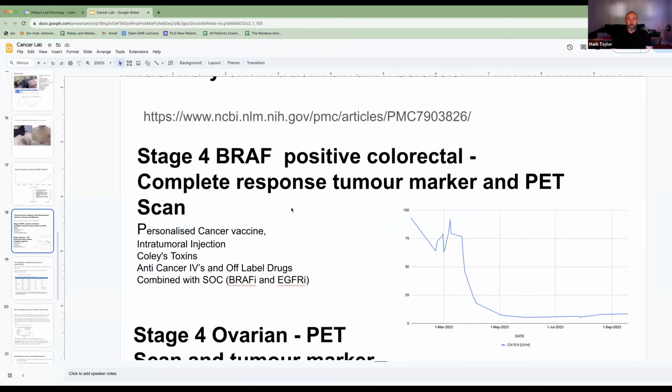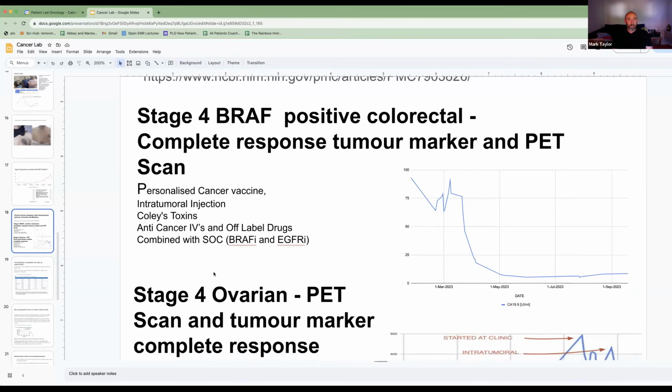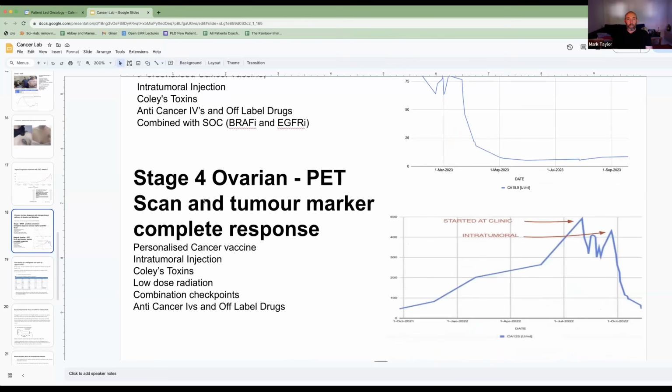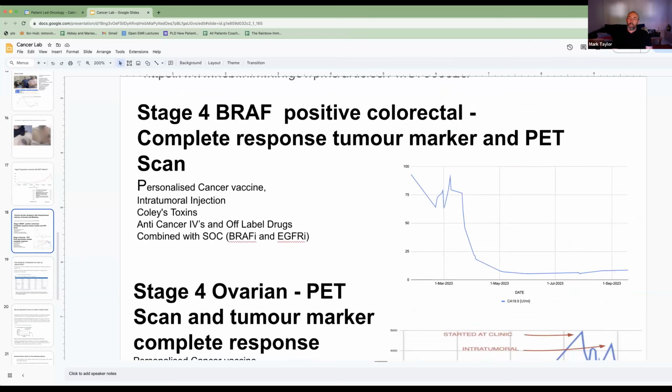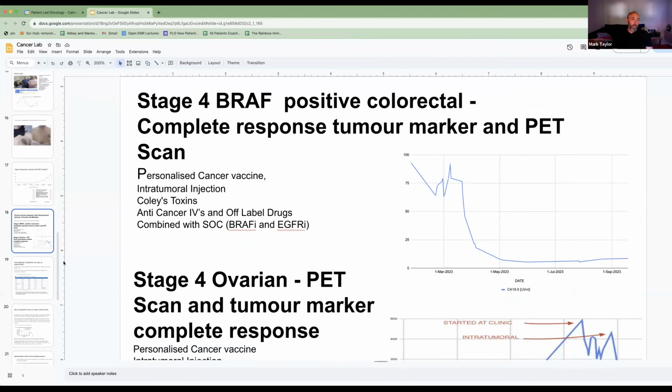We've had a BRAF positive colorectal, had a complete response on PET, personalized cancer vaccines. We're building a standard approach, which is cancer vaccines, intratumoral injections, the typical anti-cancer IVs, another ovarian complete response. And these are cancers that shouldn't respond to immunotherapy. They're the ones that didn't pass the typical trials.